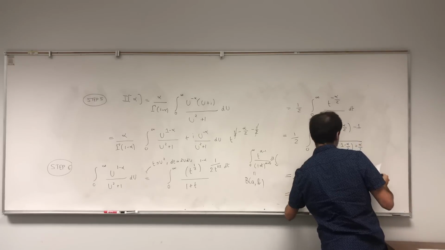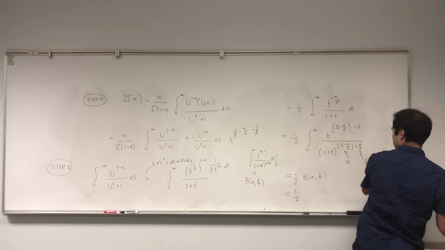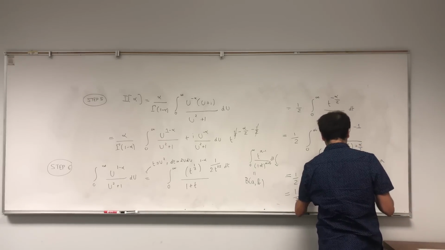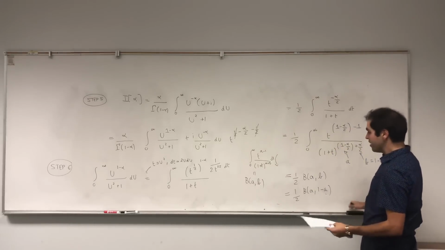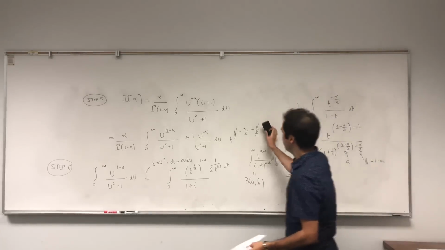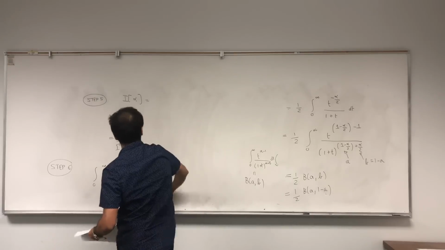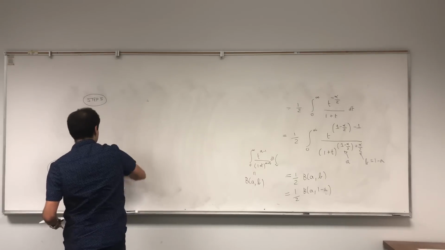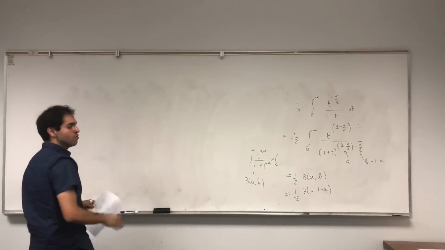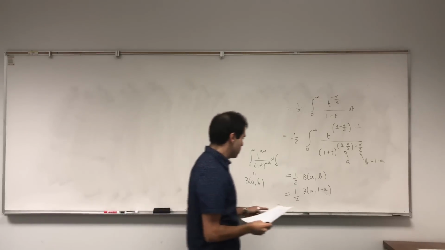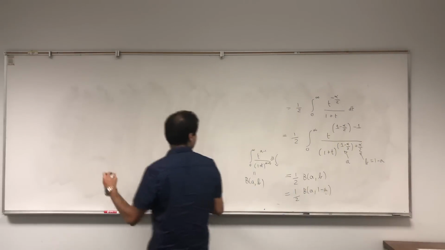And notice b is 1 minus a here. So it's 1/2 B of a, 1 minus a. And the nice thing is there's this beautiful identity with the beta function, which I'm sure I did in one of the other videos, which I think just follows from Euler's reflection formula, but this thing is just pi over sine of pi a.